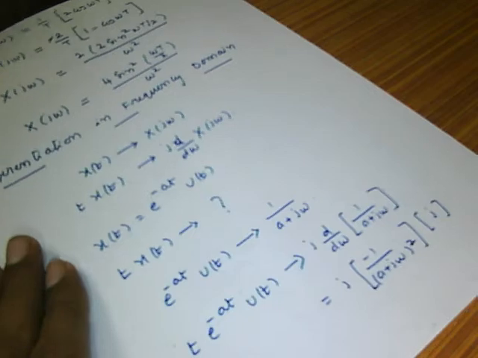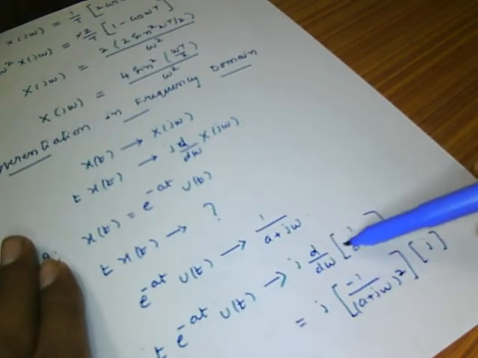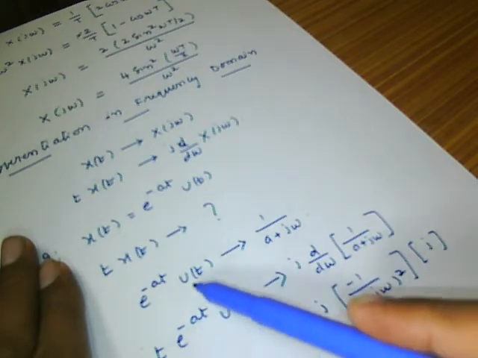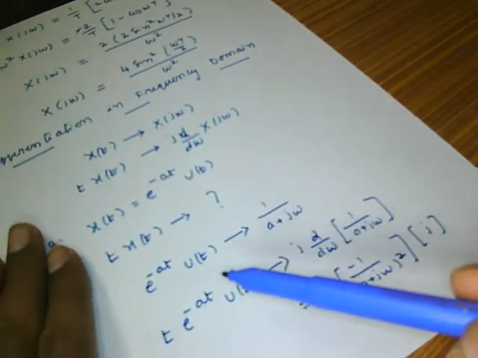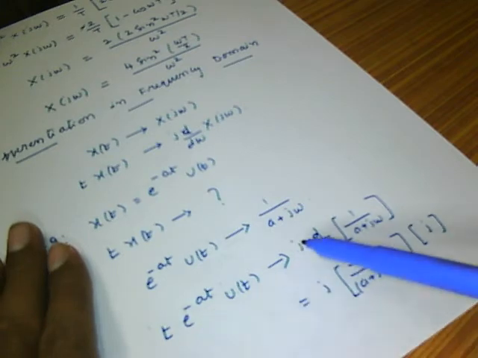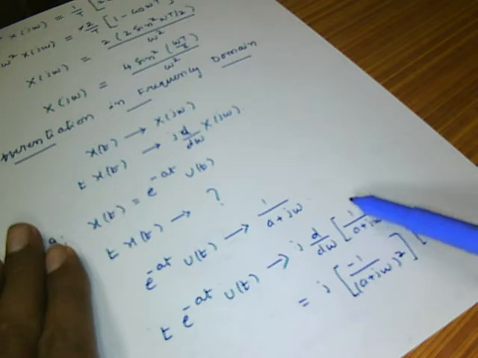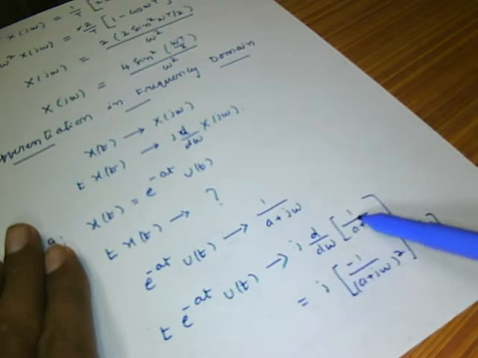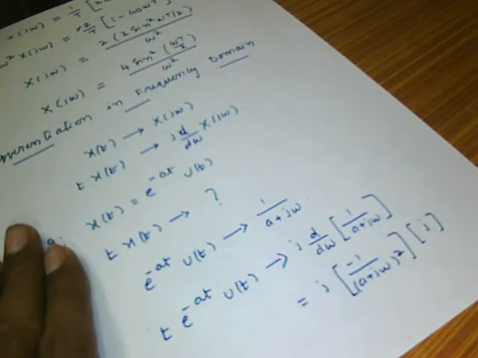Let us see it again. x of t is e power minus at u of t for us, so t into x of t will have j into d by d omega of X of j omega. If you substitute that, I get j into d by d omega of this, which is minus 1 by (a plus j omega) whole square into j.